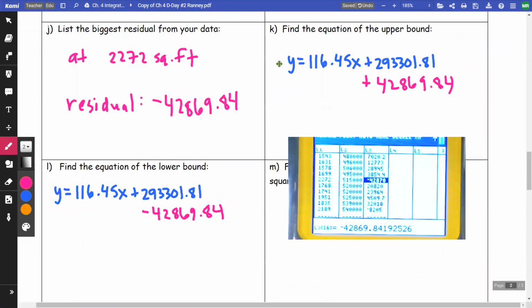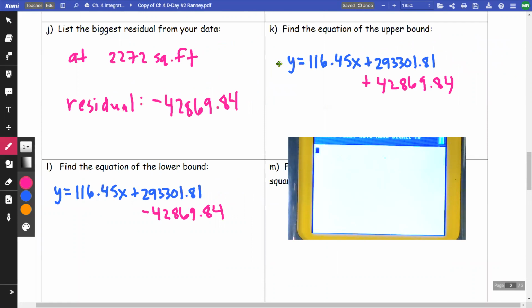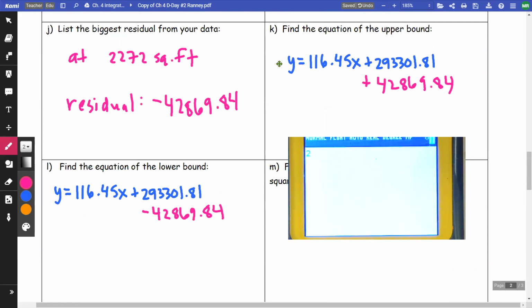Let me just do that math on my calculator. Get to a normal screen. So I'm going to put in 293,301.81, and I'm going to add 42,869.84 onto the 293,301.